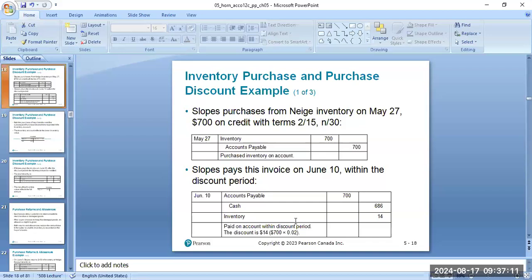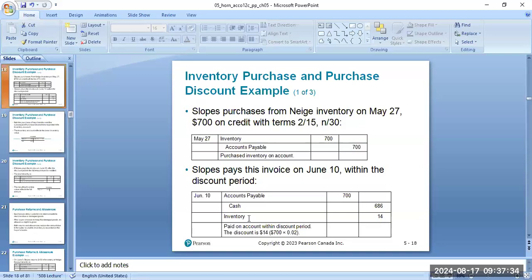2% of $700 is $14. So for that reason, the buyer doesn't have to pay $700. The buyer has to send a cash-out check for $686. But the buyer closes accounts payable for $700. Now where does the difference go?